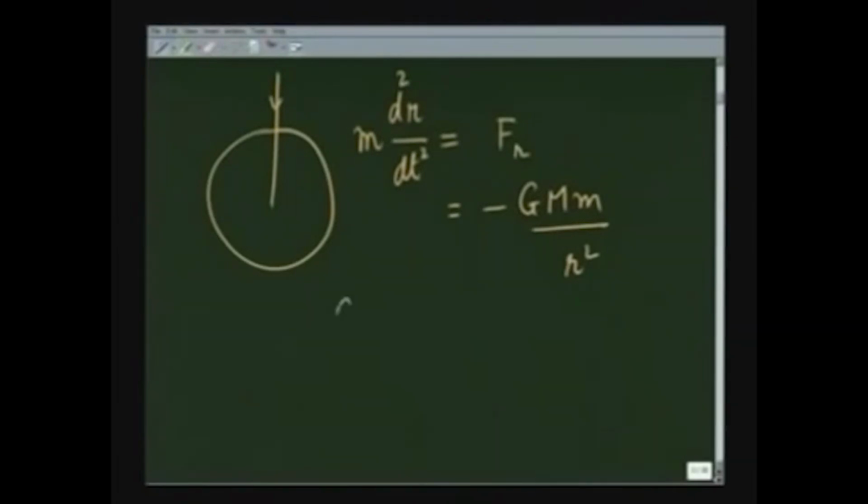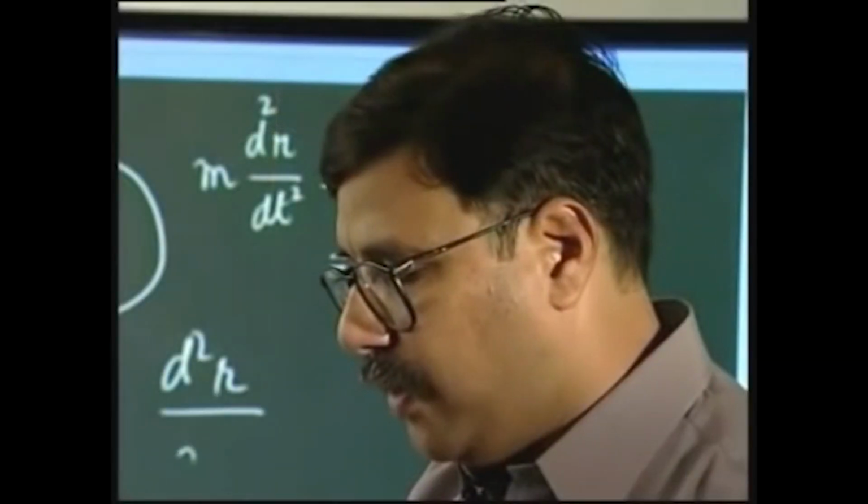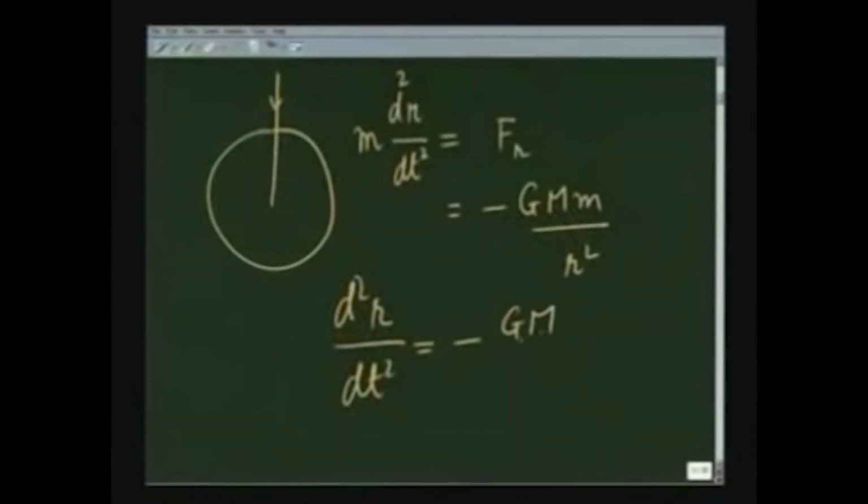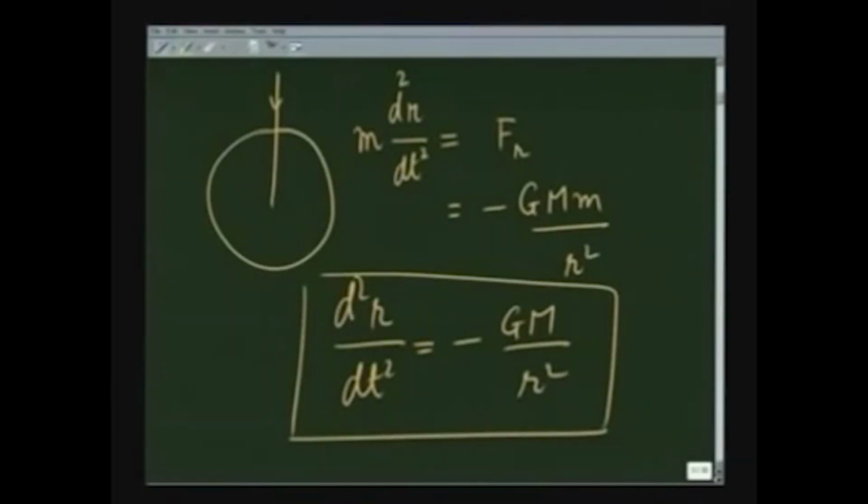And therefore, I have d2r over dt square as equal to minus G m over r square. This equation is very difficult to integrate with respect to time.